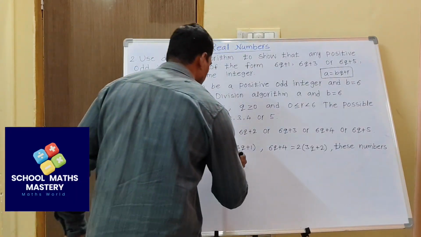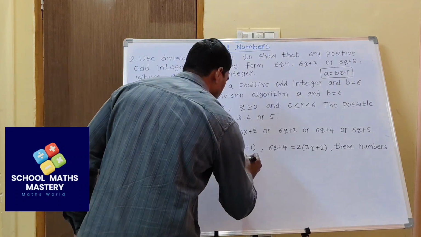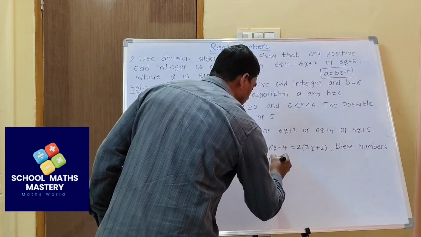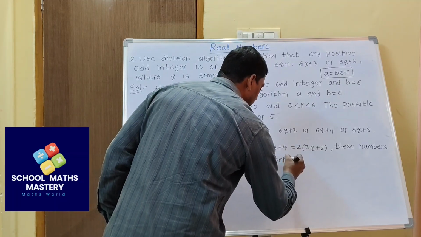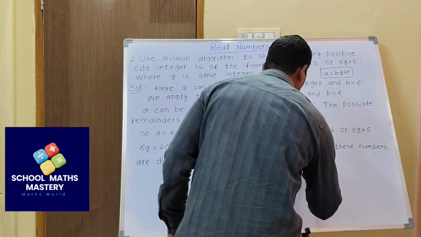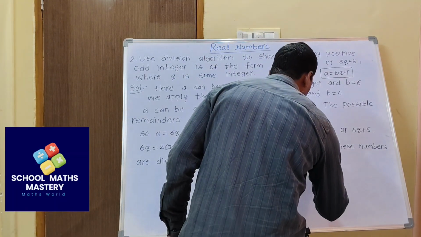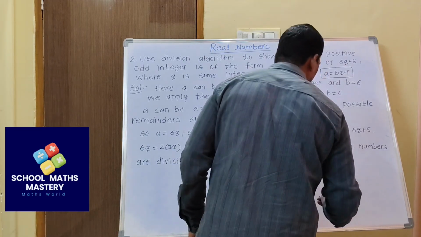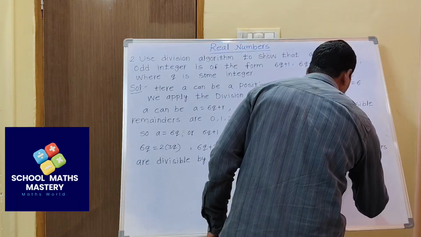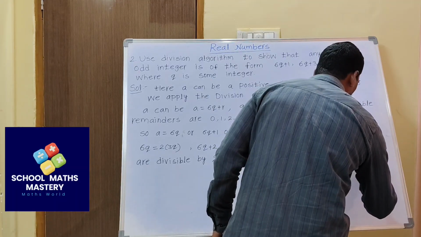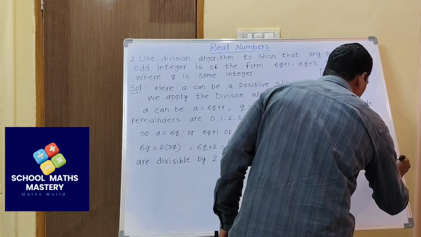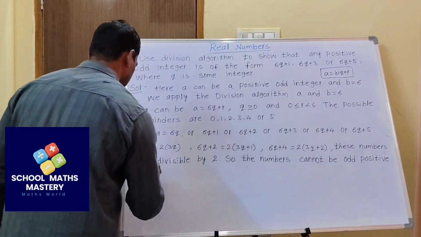So the numbers cannot be odd positive integers.